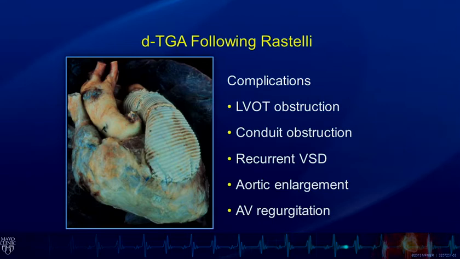And this pathology image demonstrates that large conduit that runs across the anterior surface of the heart. Complications that are common are left ventricular outflow tract obstruction, conduit obstruction, and many times these patients have had multiple operations to replace the conduit, recurrent ventricular septal defect, aortic enlargement, and aortic valve regurgitation.